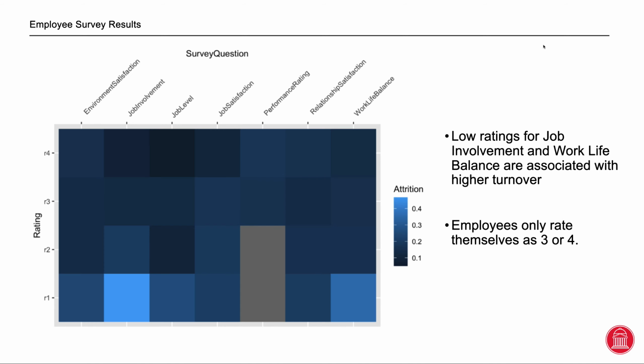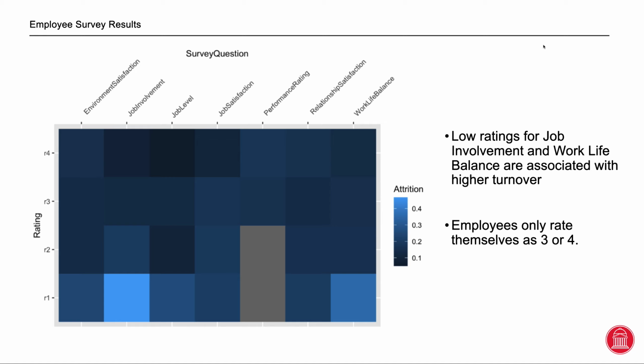In terms of employee surveys, these are surveys that employees rate on a scale from 1 to 4, 4 being the highest, for various questions or aspects of their job. This plot is showing you the percentage of employees with a particular rating on a question that actually left the company.